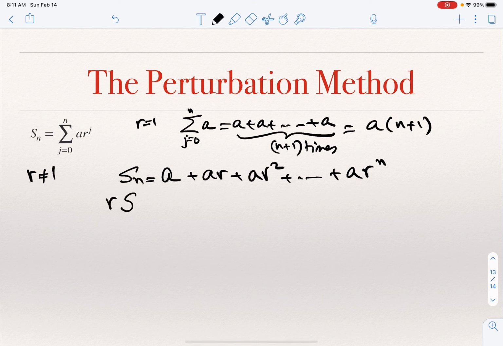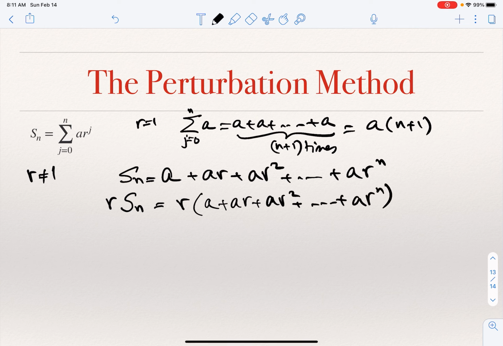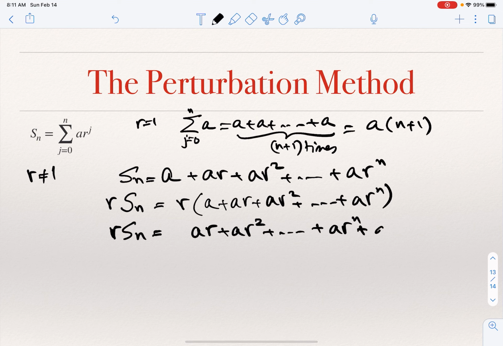So this is r times Sn equal r times a plus ar plus ar squared plus ar to the n. What do I get from this? r Sn equals ar plus ar squared plus, up to, ar to the n plus ar to the n plus 1.